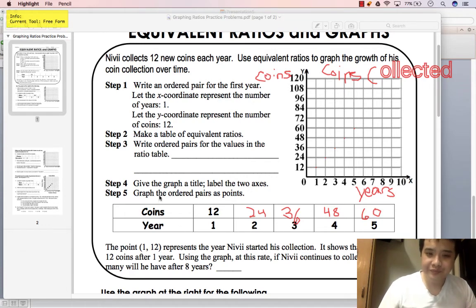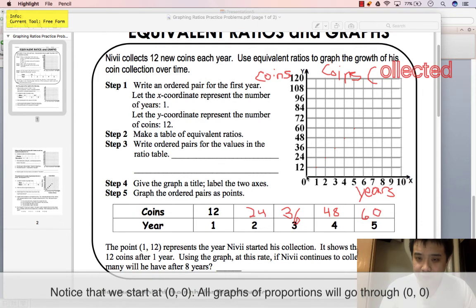Over here, we've already labeled 2 axes, coins and years. Over here, the point 1, 12 represents the year Navy started his collection. It shows that he had 12 coins after 1 year. Using the graph at this rate, if Navy continues to collect coins, how many will he have after 8 years?